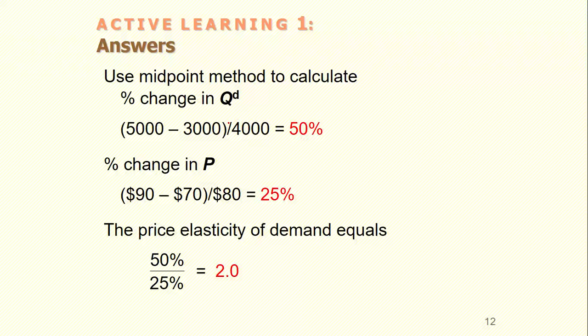You can note that the ending quantity demanded is 5,000 and the starting quantity demanded is 3,000. So obviously we must be talking about the price decrease from $90 to $70. So the percentage change in price is equal to $90 minus $70 divided by 80, that is the midpoint.